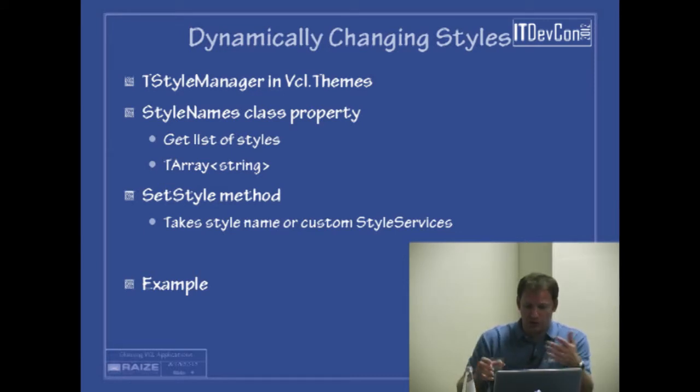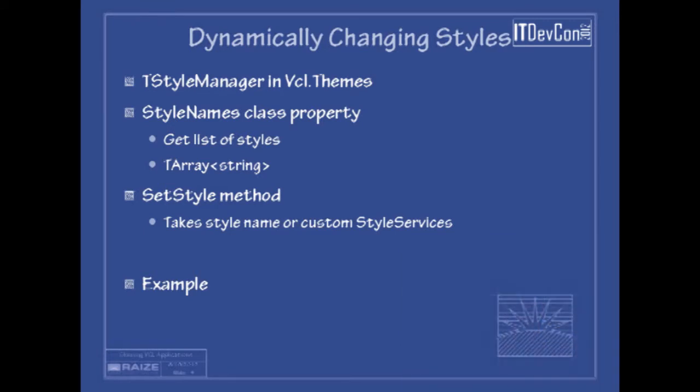So in order to do that, we need to use the TStyleManager, which used to be the Theme Manager. Now they've created an alias for it called the Style Manager. It's in the VCL Themes unit. And there's some properties and methods that we can use. So there's a StyleNames class property, which gives us a list of all the styles that have been linked into the application.